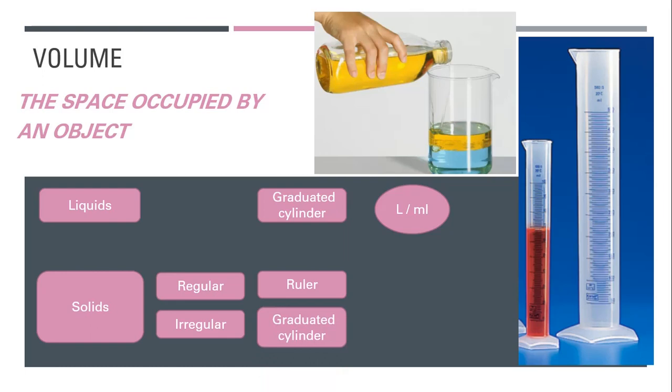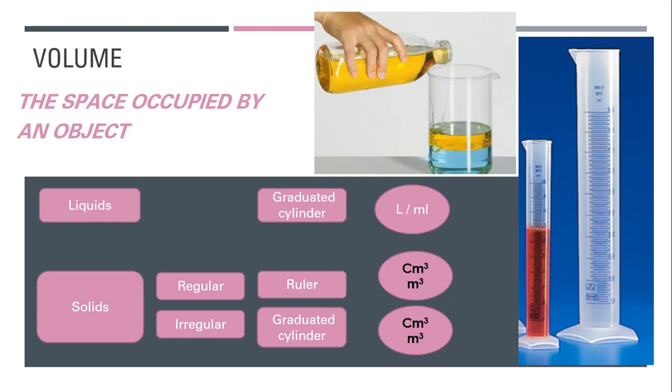If the shape is irregular, like a piece of rock or a ring, for example, you need a certain procedure to follow, which is using a graduated cylinder, and we are going to explain this in detail in a while. In both scenarios, we use the centimeter cube as the unit for measuring any small volume.